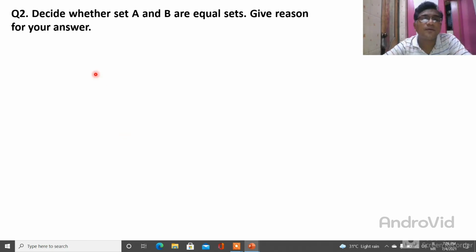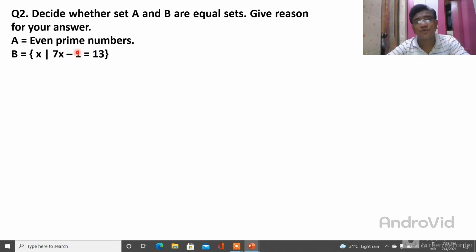Second problem. Decide whether set A and set B are equal sets. Give reason for your answer. So first we write the A. A is the set of even prime numbers. So they said only even prime numbers you want to write.